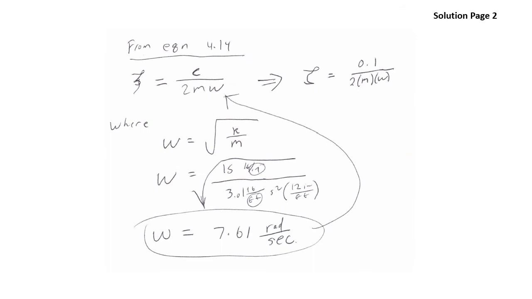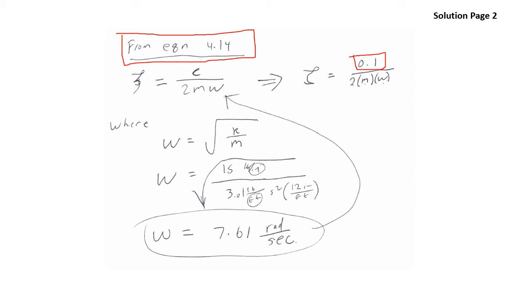So if we reference back to our textbook here to equation 4.14, we can see for our zeta term here, this is equal to C over 2mω. So plug this in. My C was given to me in the problem statement here of 0.1. My M I have there, and I can solve for my omega term from that equation on the previous slide.